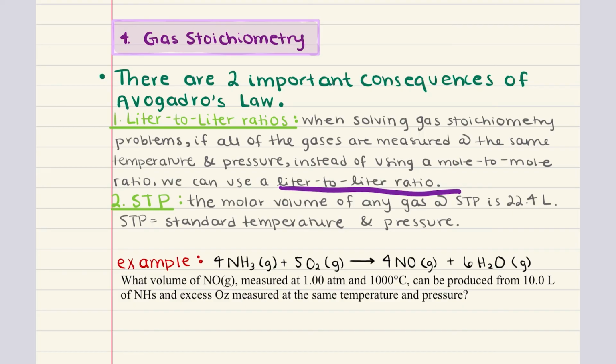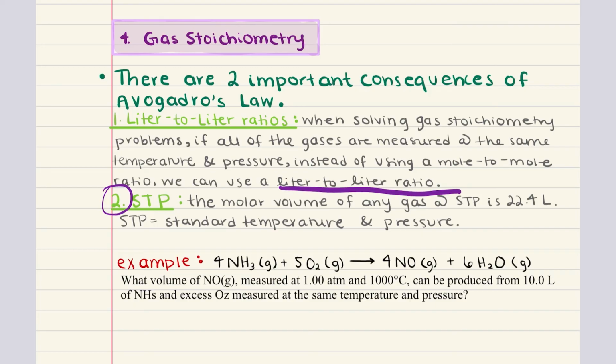The second important consequence is that the molar volume of any gas at STP, standard temperature and pressure, where pressure is 1 atmosphere and temperature is 273.15 Kelvin, or sometimes we round down to 273 Kelvin in problems, is 22.4 liters.